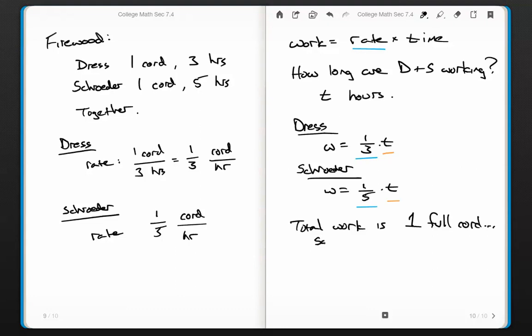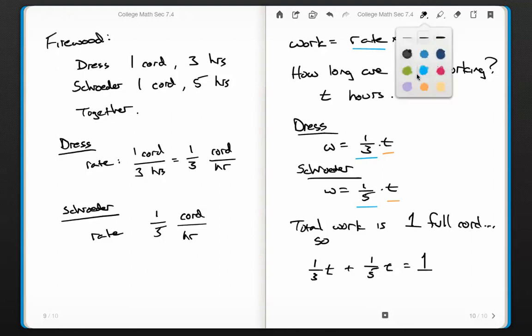So Dress's work, 1/3 t, plus Schrader's work, 1/5 t, has to equal 1. Because that comes from, now I'm running out of colors, let's say green, here is my time.